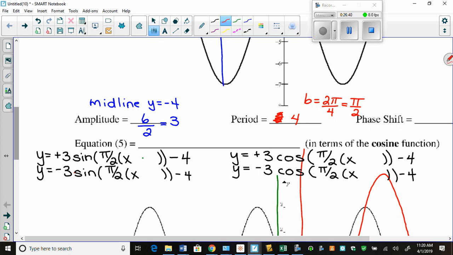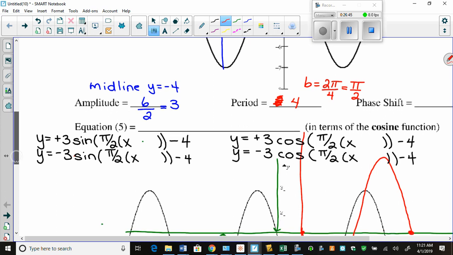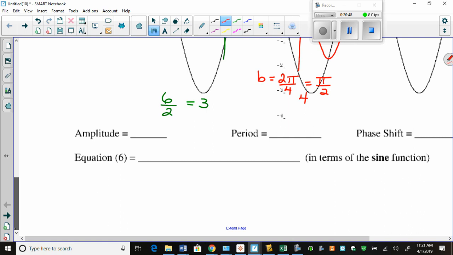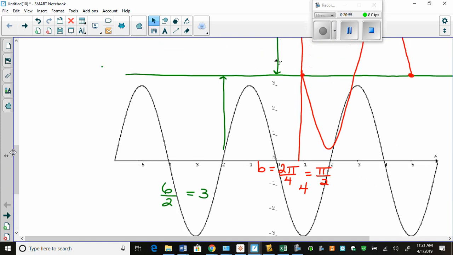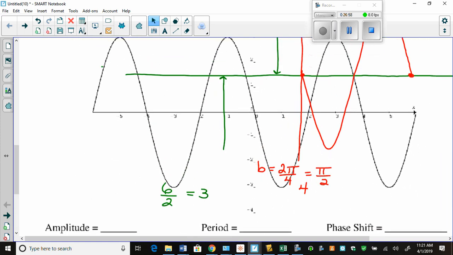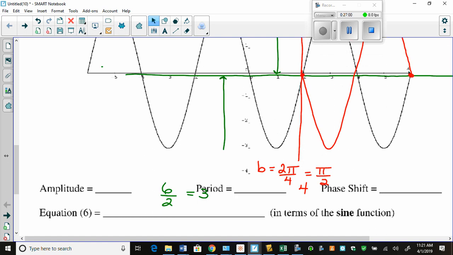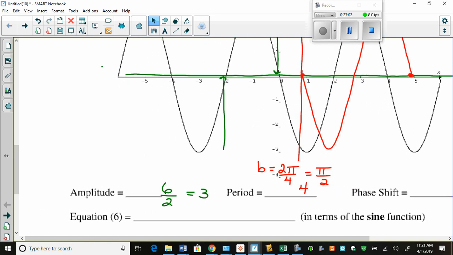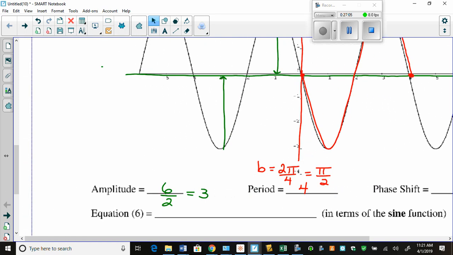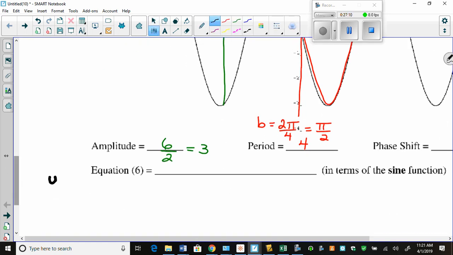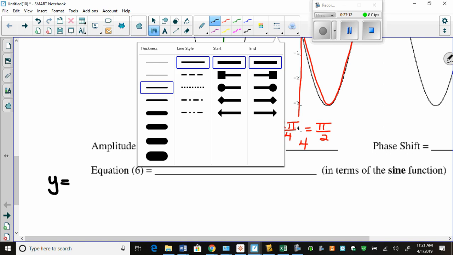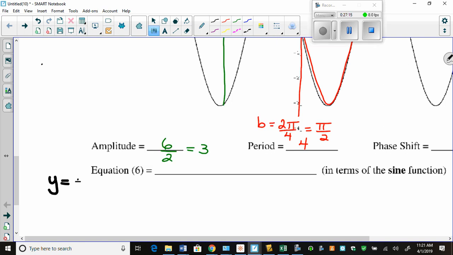Then we have one last one. All right, so for this one we'd have y equals positive 3 sine.